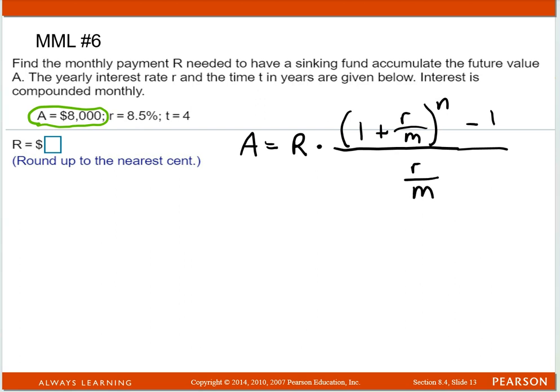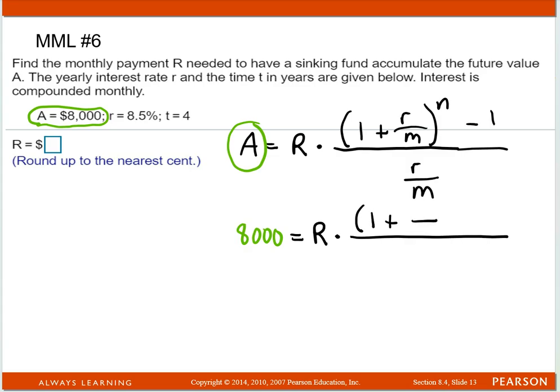All right, so this time we are given A. So the 8,000 goes right there. You are looking for R, so you just leave R there. And then I have to fill in the rest of this.